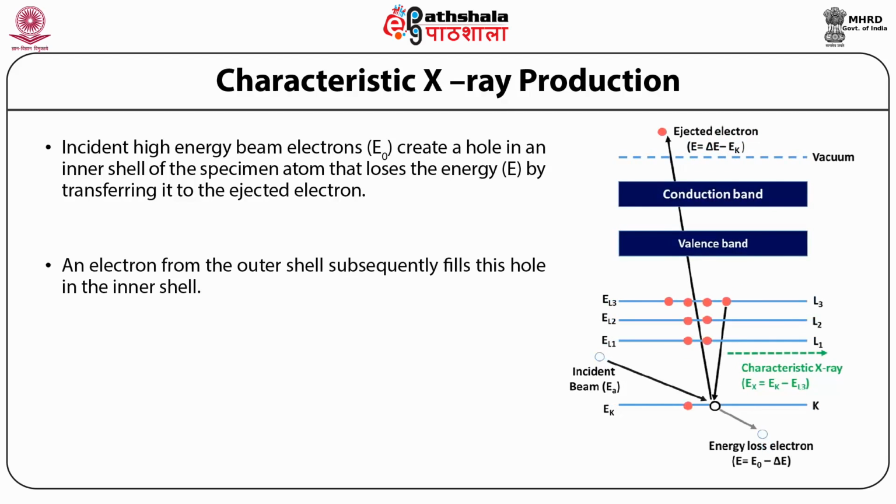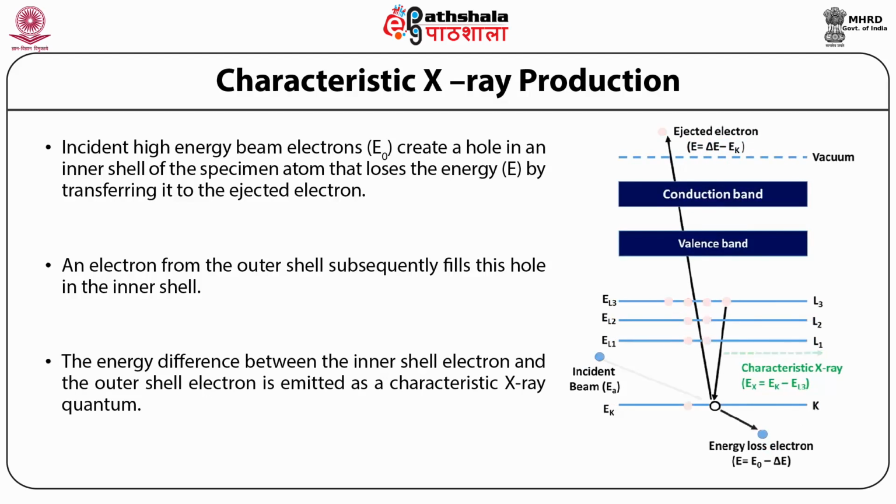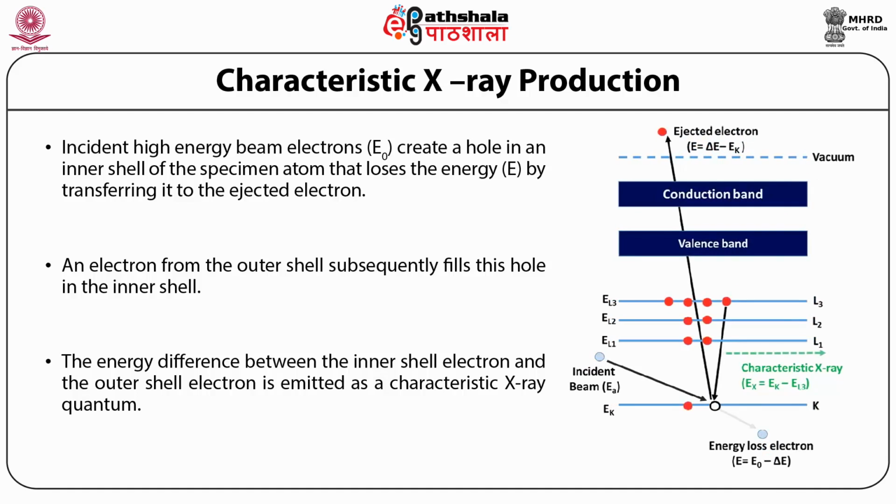An electron from the outer shell subsequently fills this hole in the inner shell. The energy difference between the inner shell electron and the outer shell electron is emitted as a characteristic X-ray quantum, as shown in figure 2.